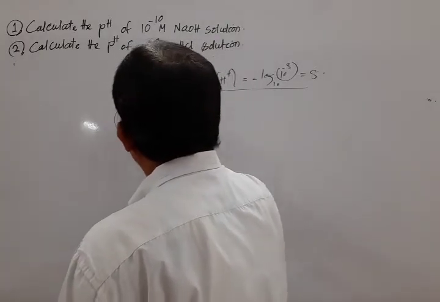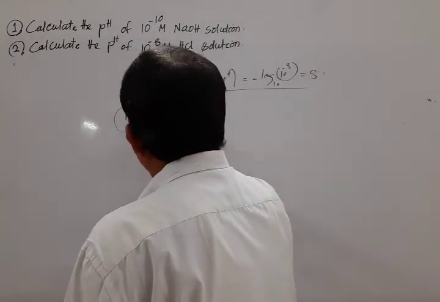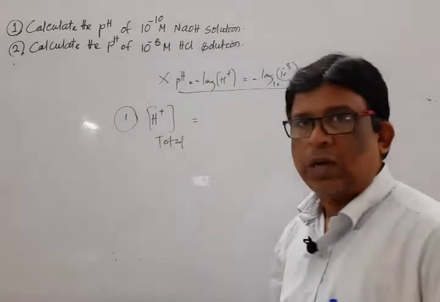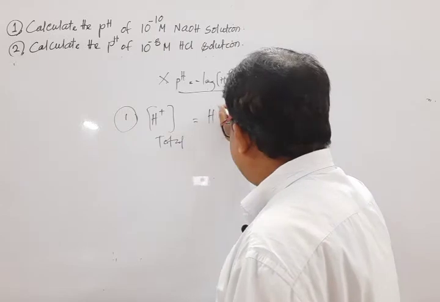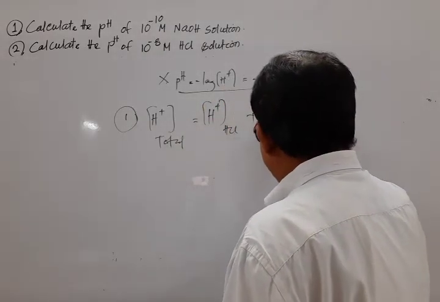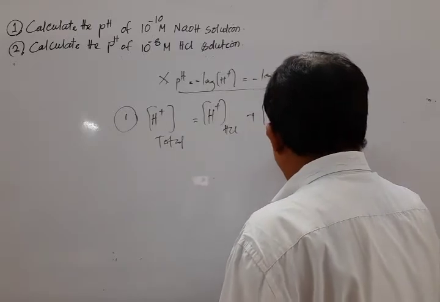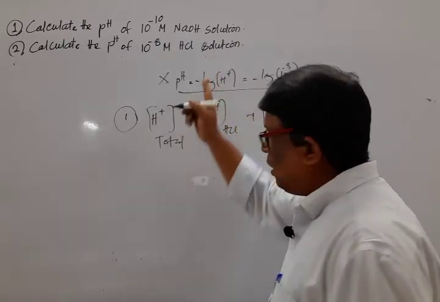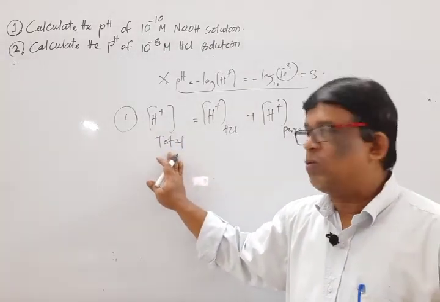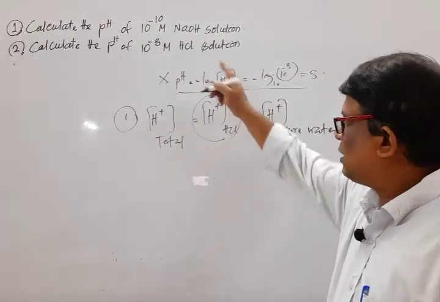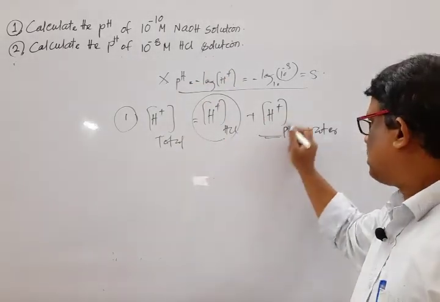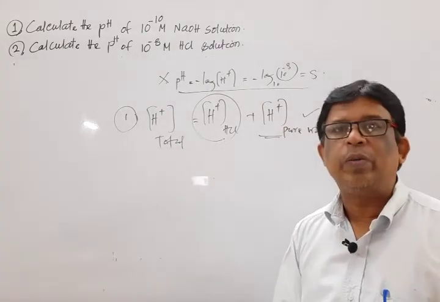So the answer is, in case of dilute solution, the total H plus ion concentration is equal to the H plus ion concentration of HCl plus the H plus ion concentration of pure water. I remind you again, in this case the total H plus ion concentration is equal to the H plus ion concentration of HCl given in the solution plus the H plus ion concentration taken for the pure water.